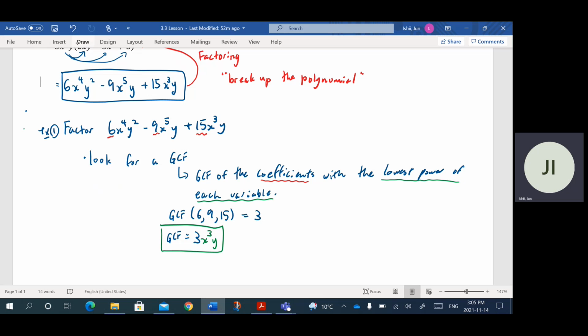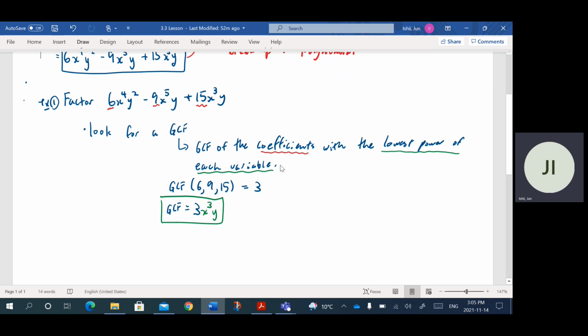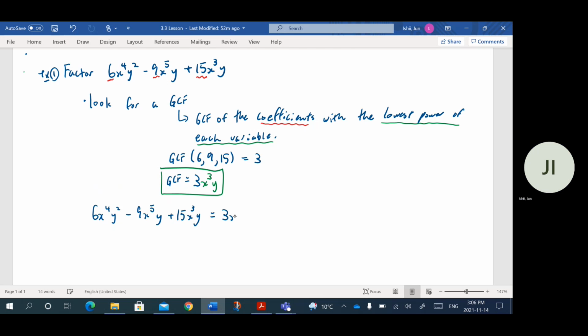So what we're going to do now is actually factor this. I'm going to write this out again and set it equal to something. First, I write the GCF out in front.